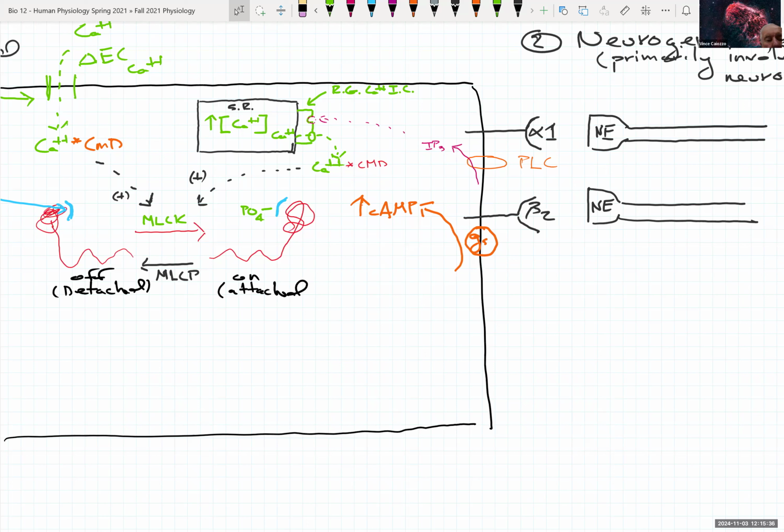So here I'm going to simply draw an arrow, an orange arrow. Well, actually, I'll do the black arrow just to be consistent.